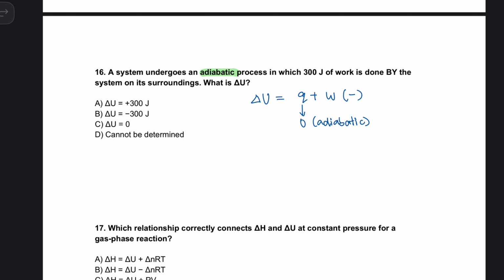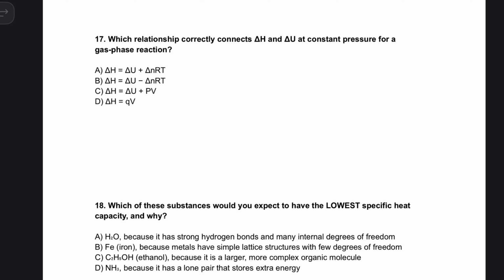It's always that if the system is doing work on its surroundings, work is negative, and if the surroundings are doing work on the system, then it's positive. So in this case, work is negative, and because Q is 0, work is the only thing that determines the sign of delta U. So if we know it's negative, it has to be negative 300 joules. Hopefully that made sense.